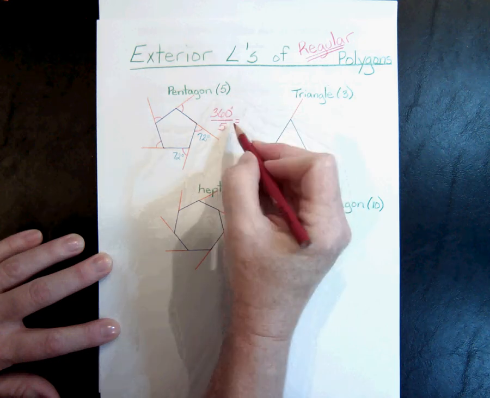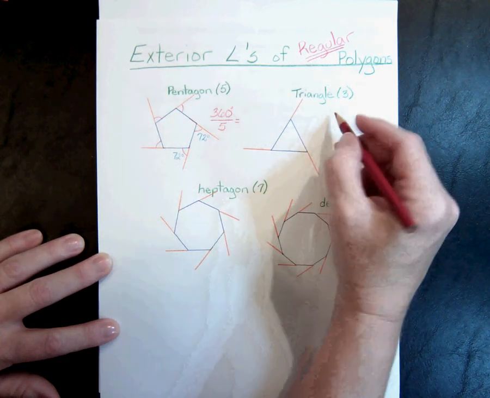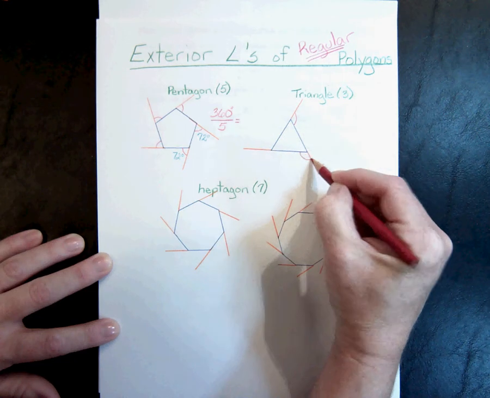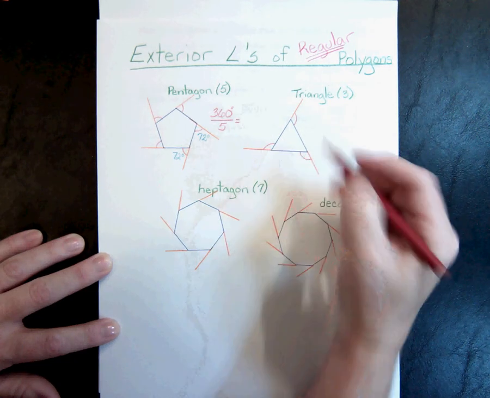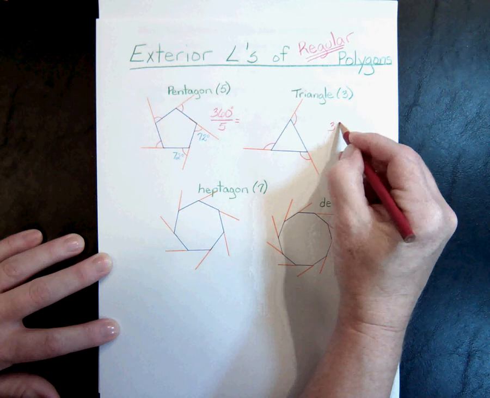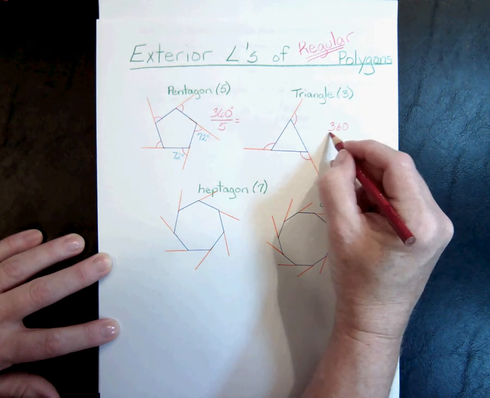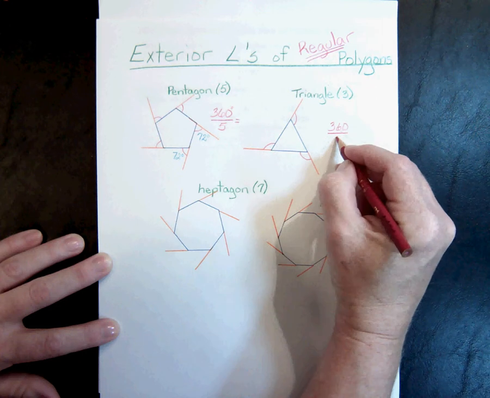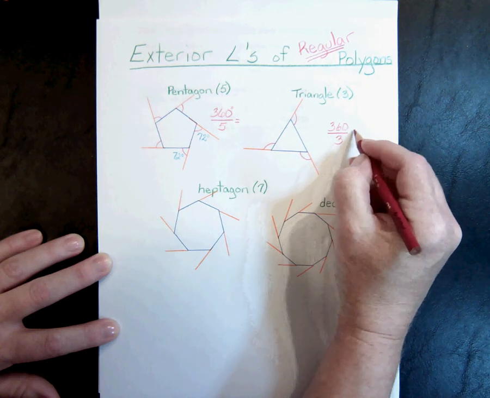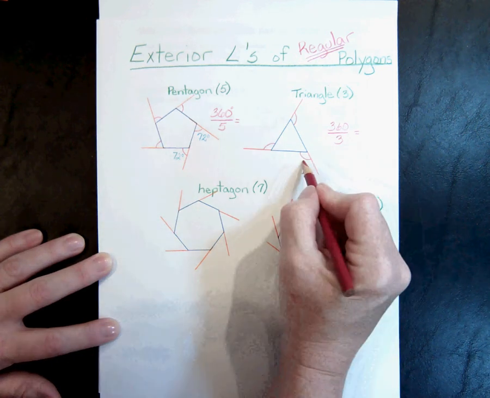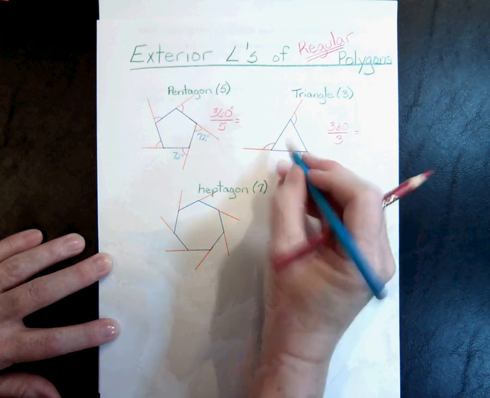So this is how we can get the measure of each angle of a triangle. If you needed to know the measure of this angle and this angle individually, take 360 and divide it by 3 sides. Each of these outside measured angles is going to be 120.